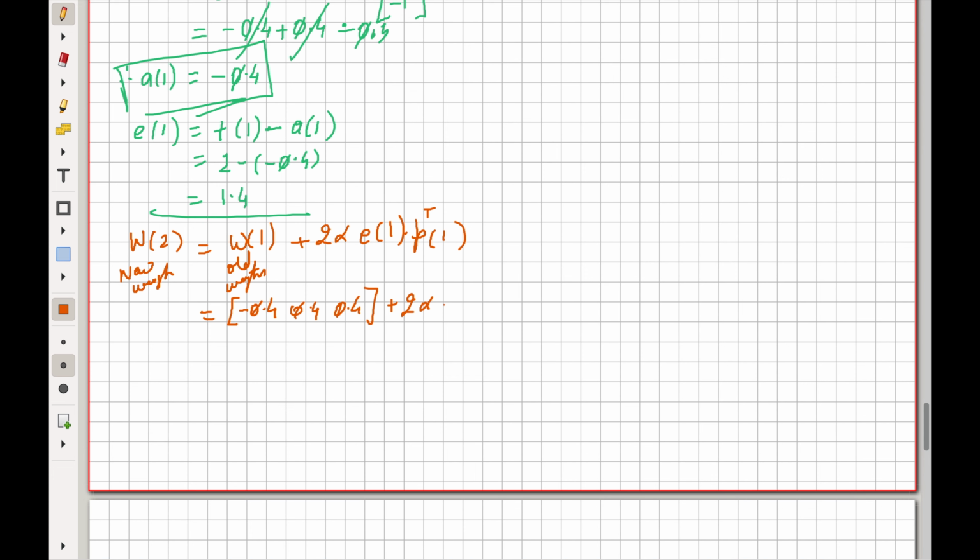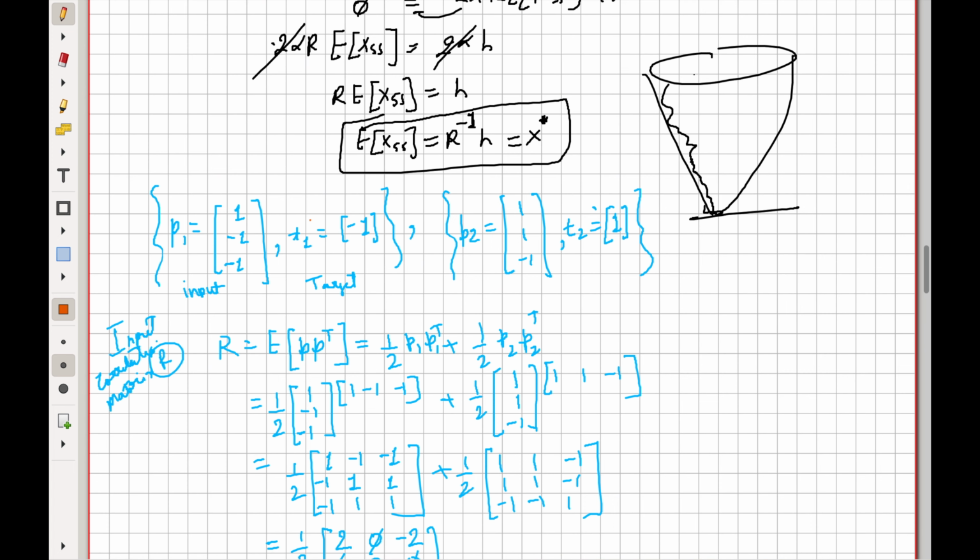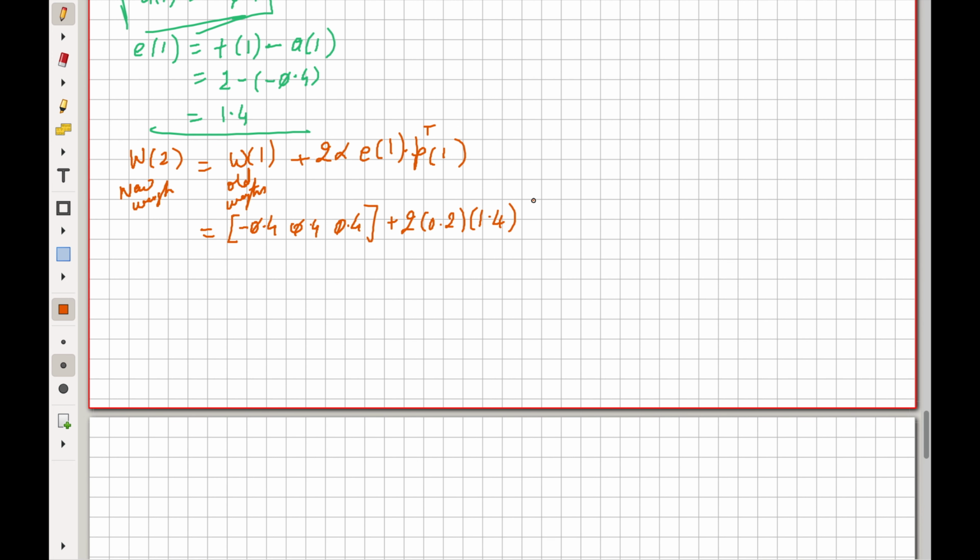Now the error is 1.4 and the alpha is 0.2. For the P value, here we are using P2, which is 1, 1, -1. If we calculate this, we get 0.16, 0.96, and -0.16.